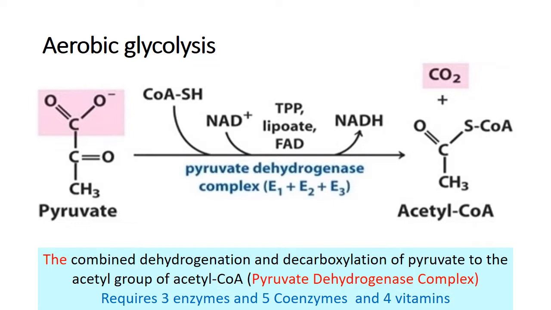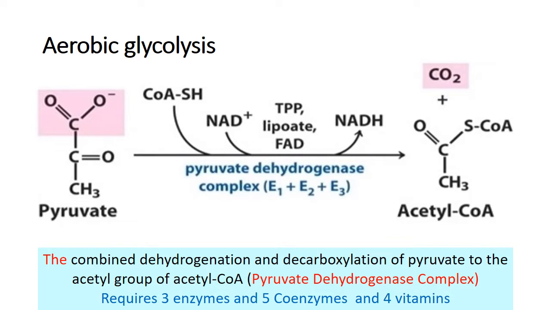So this enzyme causes dehydrogenation as well as decarboxylation and converts pyruvate into acetyl-CoA. The pyruvate dehydrogenase complex, as I have told, is composed of multiple copies of 3 enzymes, E1, E2 and E3.